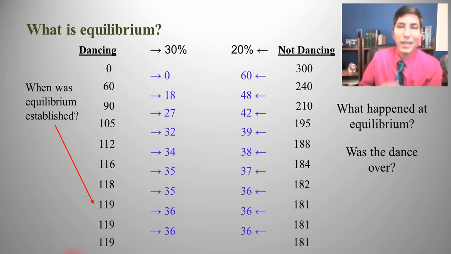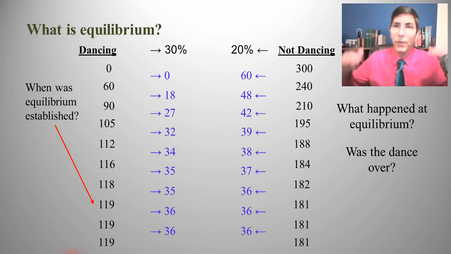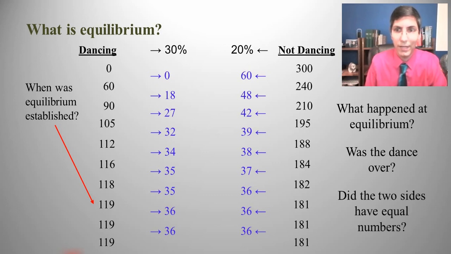No. It kept going. It just meant that the numbers on both sides were constant. So the dance was not over at that point. Did the two sides have equal numbers? Was it 150, 150 on both sides of the dance? No. So I hope that this gives you an idea as to what we mean when we say equilibrium.